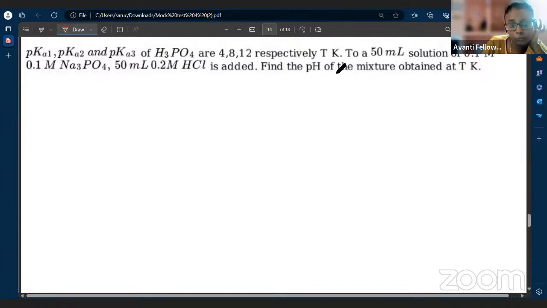So what you have is H3PO4, whose Ka value is given. If you dissociate one H+, you get H2PO4 minus, whose pKa is 4.